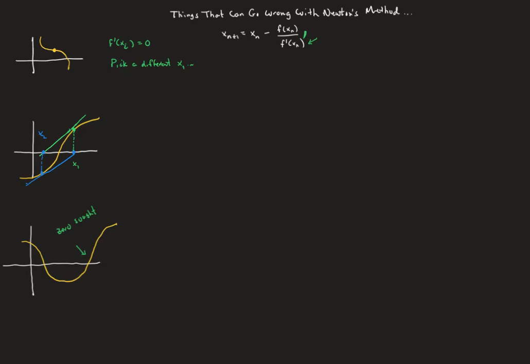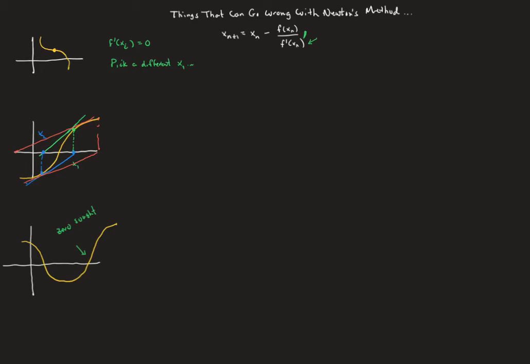So the next guess is going to go further away, and that takes you up here, and you go further away still. And so it's not closing in on anything, and so it's not going to find the zero there.